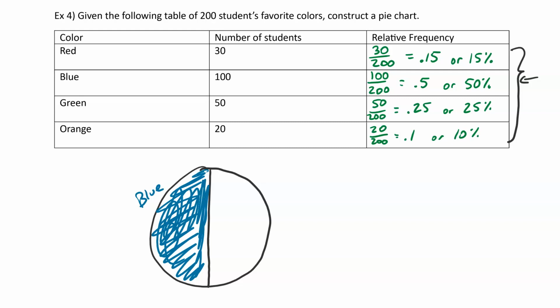Again, look for any other easy numbers. Like green is 25%. 25% is just a fourth of the whole thing, or in other words, half of the half that we have left. So if we split this in half, then one of these can be our green.